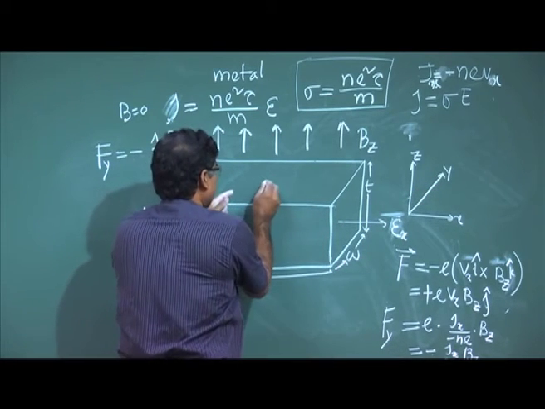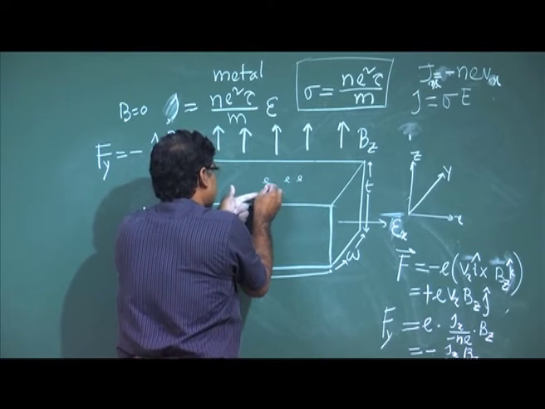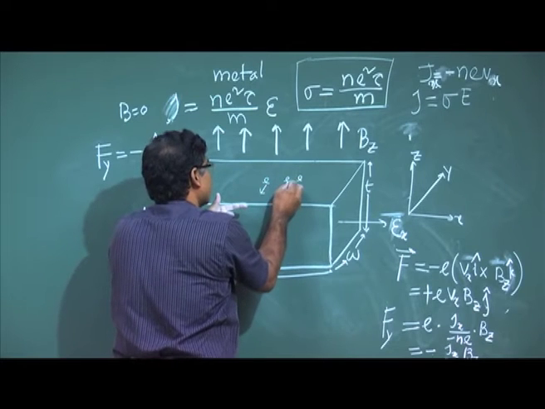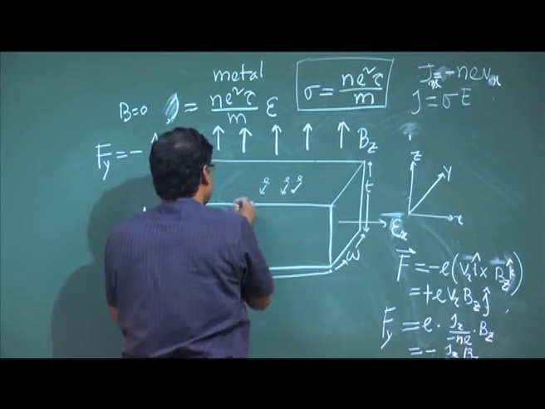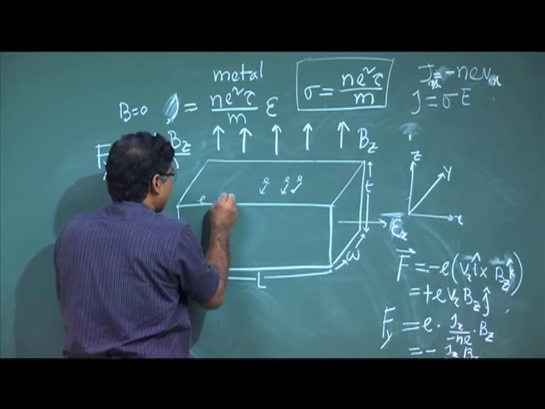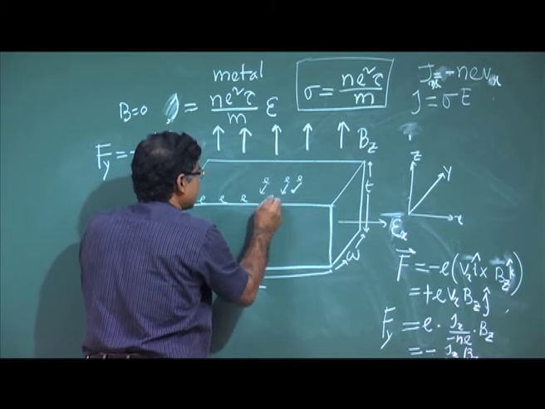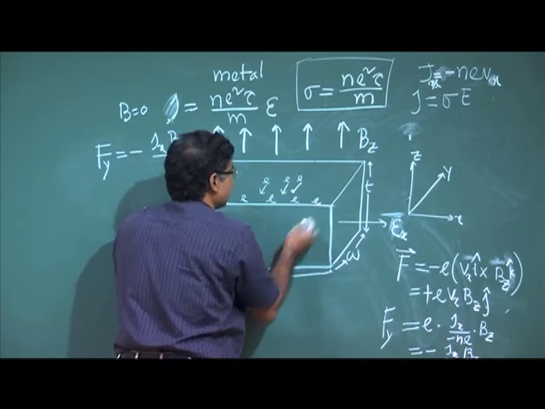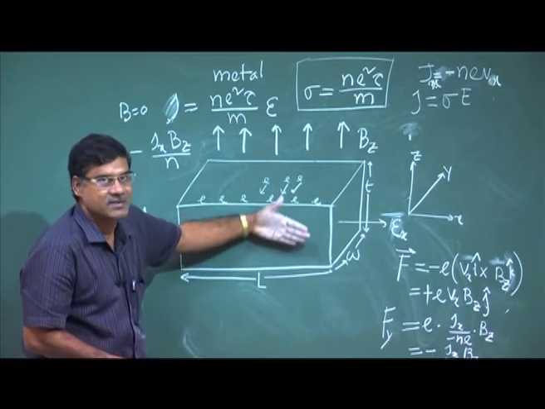So, the electrons are moving, and now these electrons experience a force in the negative direction. Okay. So, the electrons will move in this direction and come towards this face.